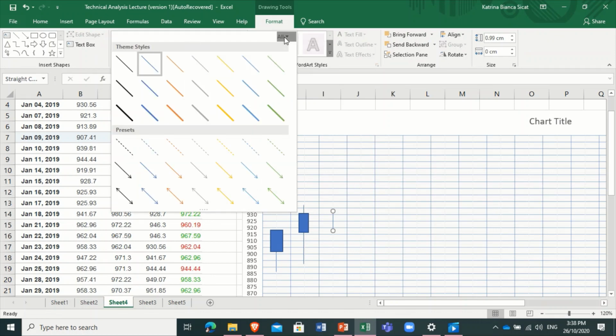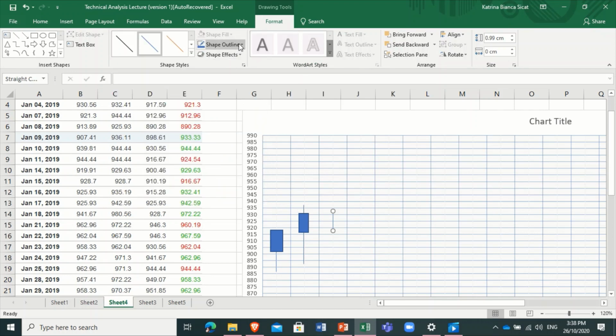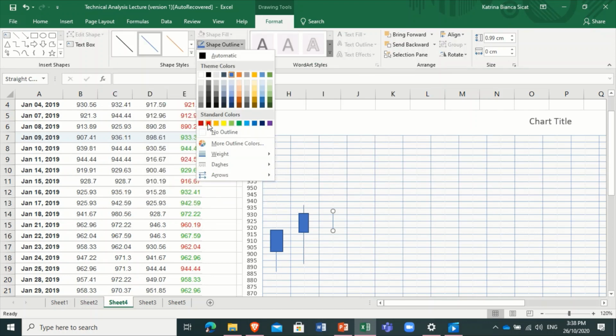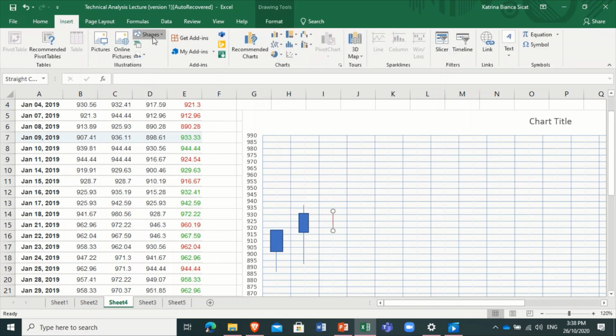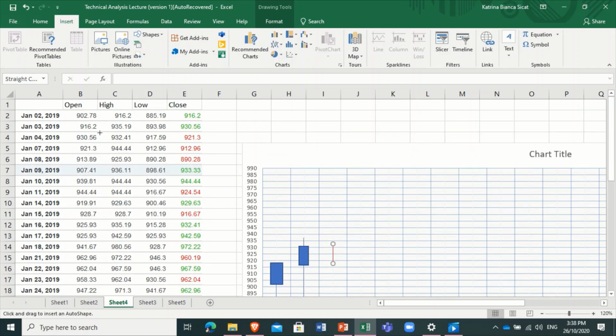Saan na ba? Shape outline. It's gonna be red. Yan. Then insert another one. Rectangle. The open and close. Okay. 930.56, 921.3. So 930, 930, 930, and 921. 930 tapos 921.